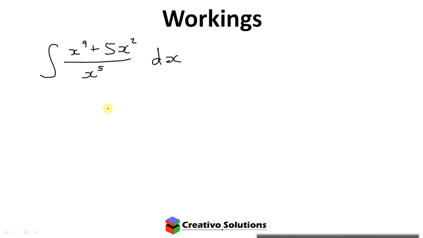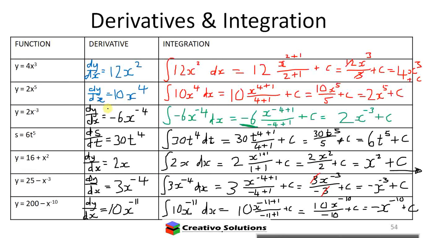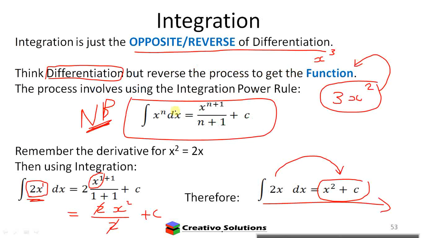So just write this down. You need to get it in the right format. The format is as follows. You need to get something that looks like this, in its simplest form.